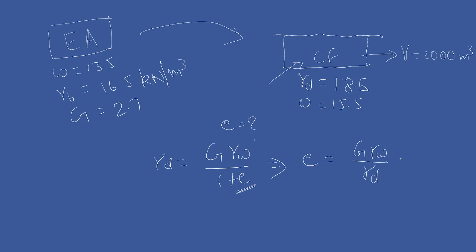Put the values in this, for example 2.7 into gamma W, that is 9.81, divided by gamma dry 18.5, and minus 1. So 2.7 into 9.81 divided by 18.5, so it's 0.43. So the void ratio is 0.43.